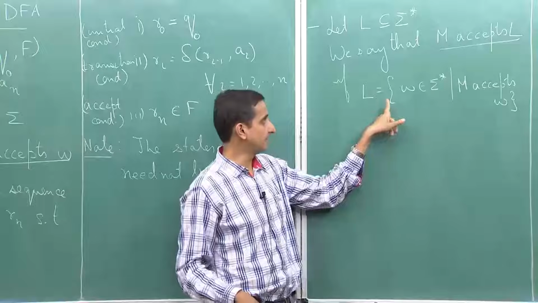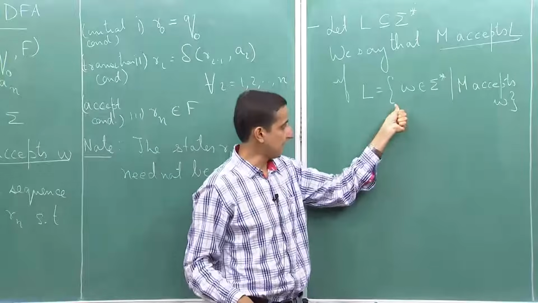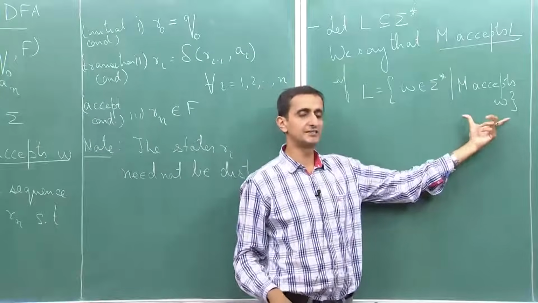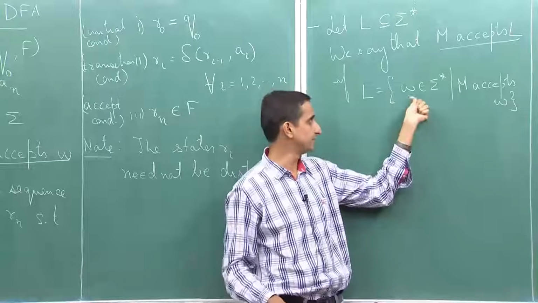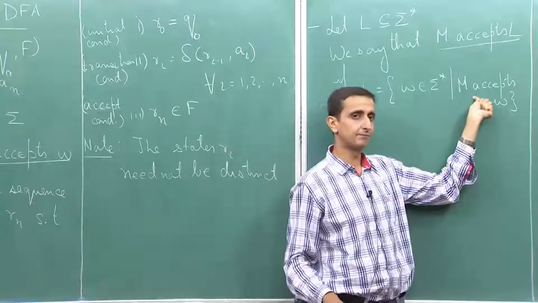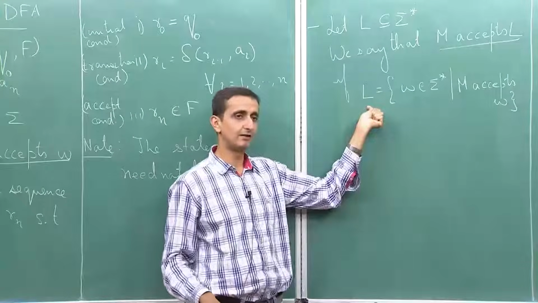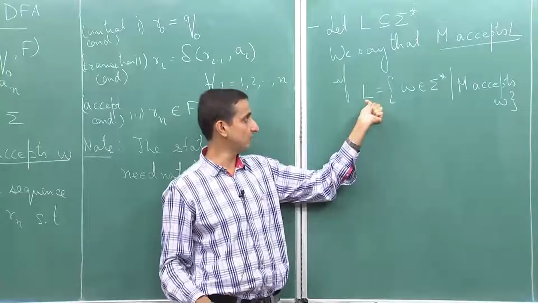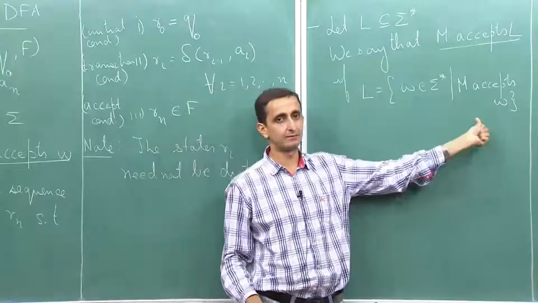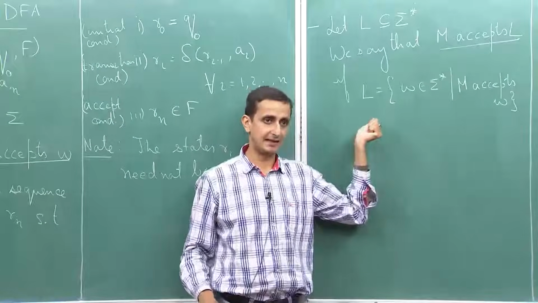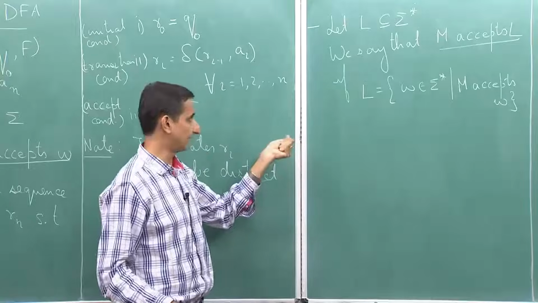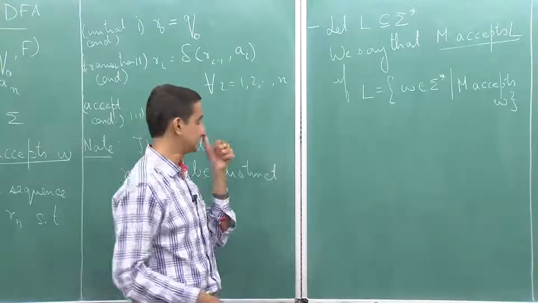This means that every string that is accepted by M belongs to the language L, and whatever string belongs to the language L is accepted by M. Okay. So, it is exactly equal, one is not a proper subset of the other. So, that is very important.